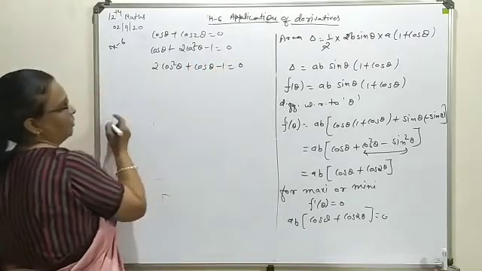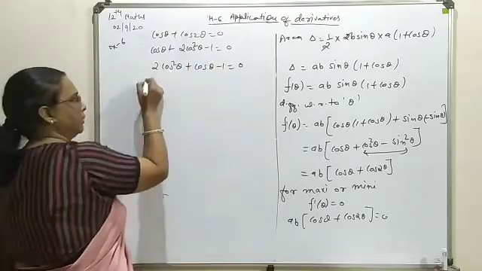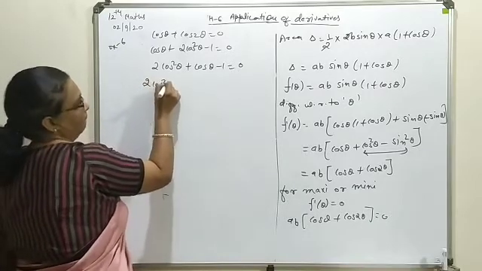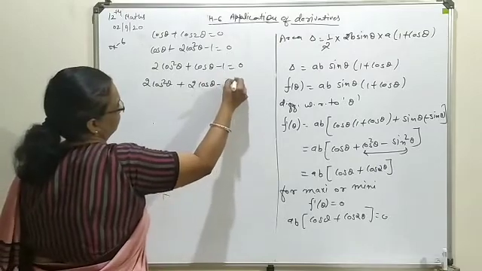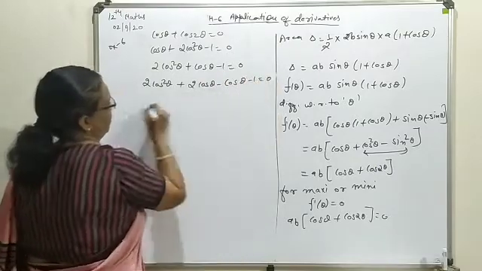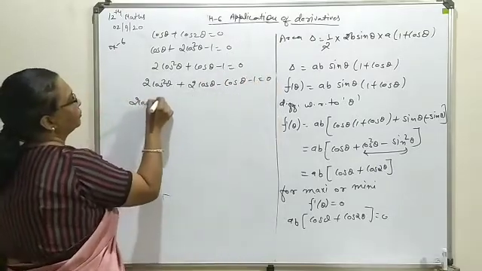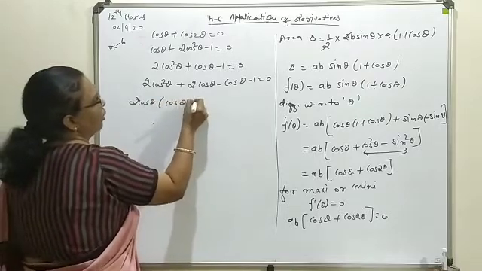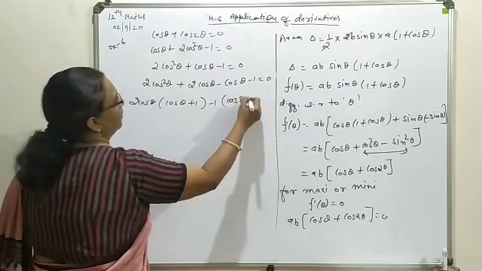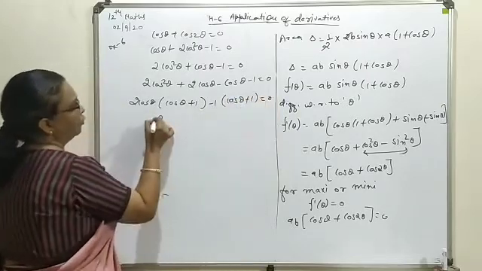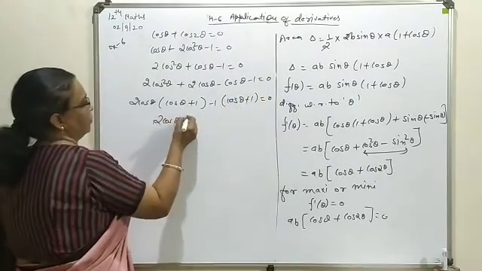Its factorization is possible, splitting of middle term. 2 and 1. 2 cos theta common. Cos theta plus 1, minus 1 common. Cos of theta plus 1. Here 2 brackets we have generated as a factor form.